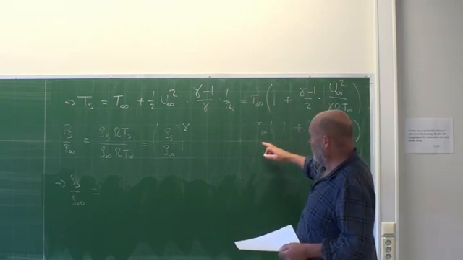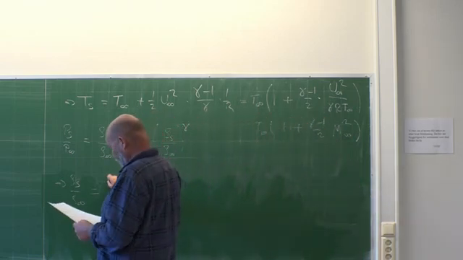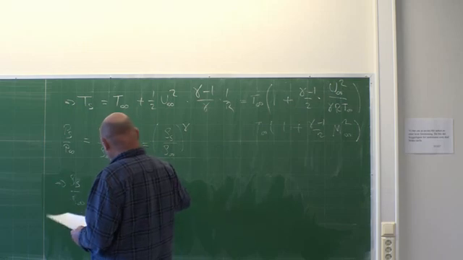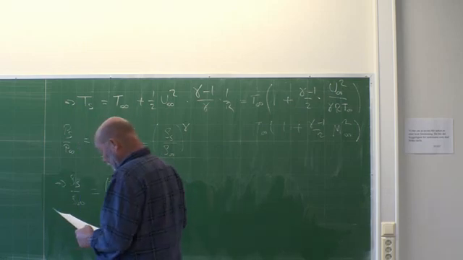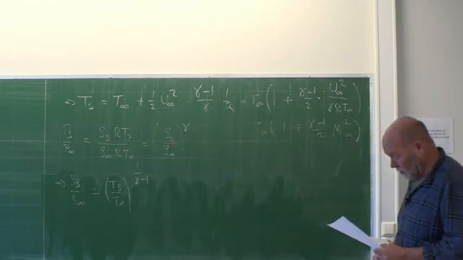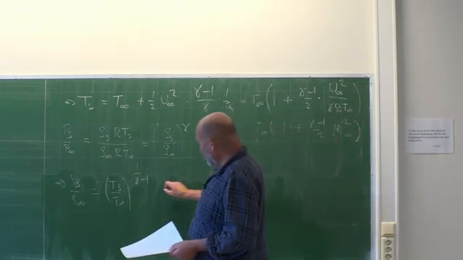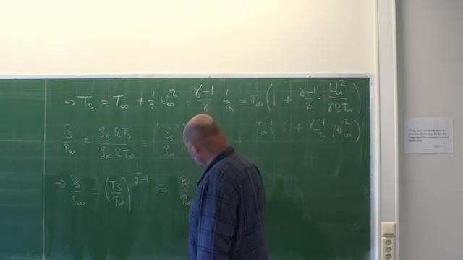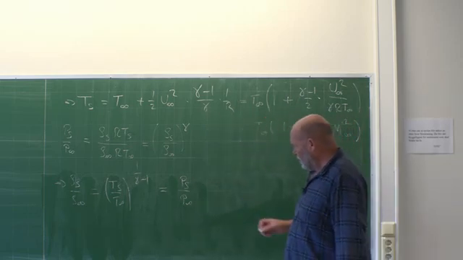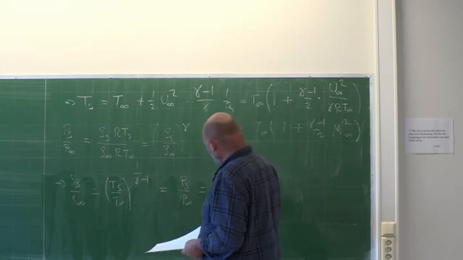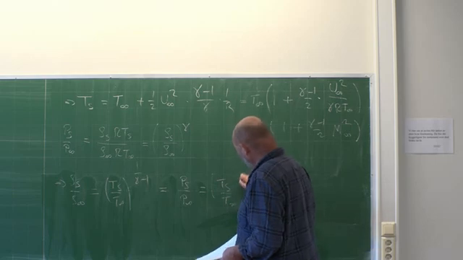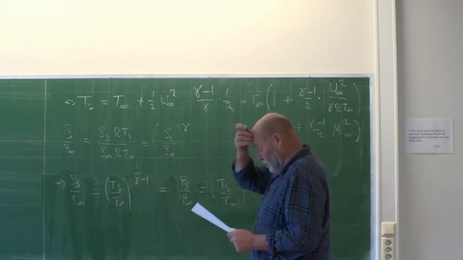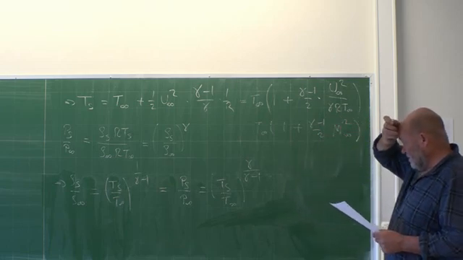That should then be Ts over T infinity to the power of 1 over gamma minus 1, something like that. And that one will apply. I don't want density, I want the pressure. So the pressure in the stagnation point, scaled on the surrounding pressure, will now then be equal. And then you will have the temperature ratio, and then it will be to the power of gamma over gamma minus 1. There you have it.